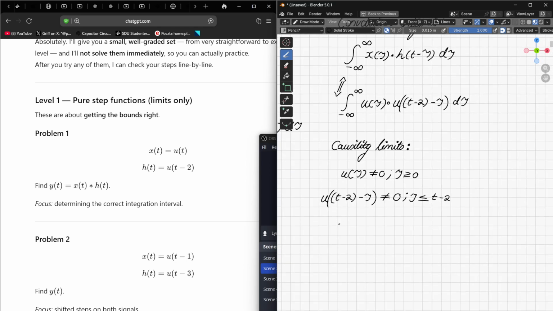I'll just try this out actually. I seriously am puzzled by this one actually. 0 to t minus 2. And then these would go away, sort of, right?